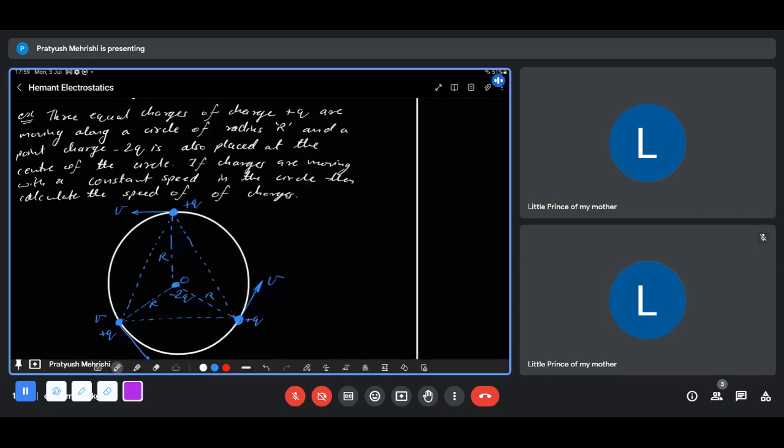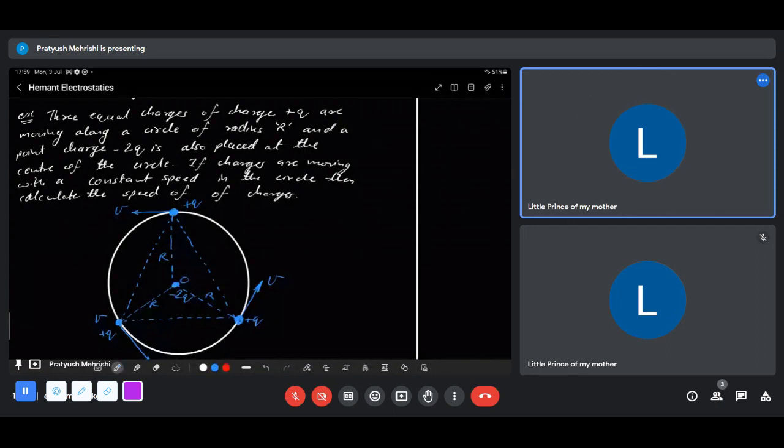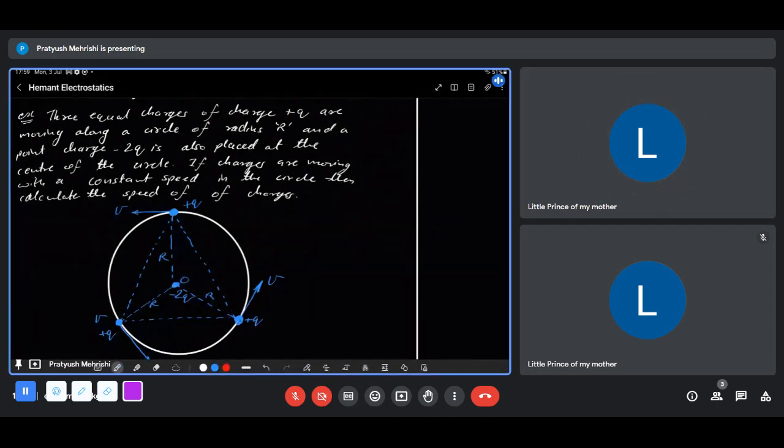Now, first of all, tell me, whenever anything moves in a circle, what kind of forces are needed? Do you remember class 11? Centrifugal and centripetal forces are needed. So here also there must be one centrifugal force. Centrifugal force will appear in the outward direction, and to balance that there must be an inward force.